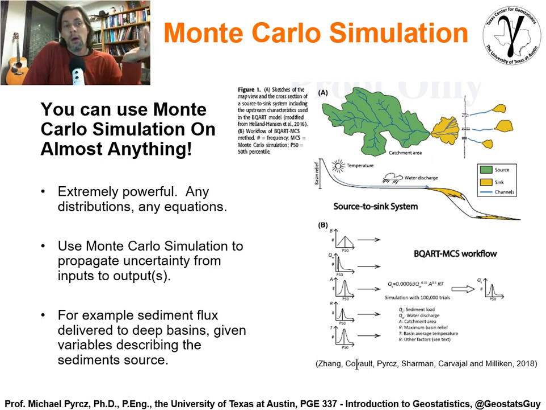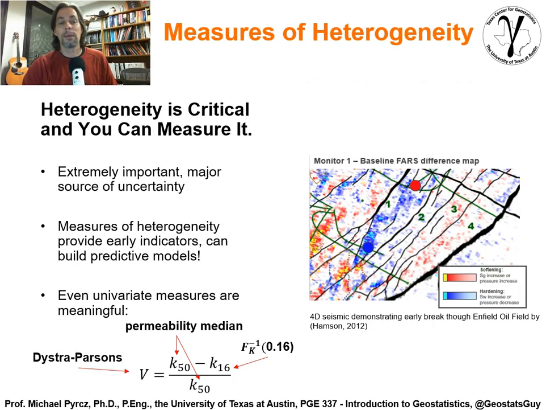And what we found was we could analyze and understand the uncertainty models with regard to what sediments are getting deep into the Gulf of Mexico, given some constraints about what was happening over geologic time as far as the discharge rates, the catchment areas, and other types of parameters with regard to the basin relief and other types of factors. And so this is a very powerful tool. We can use Monte Carlo simulation to understand uncertainty in complicated problems.